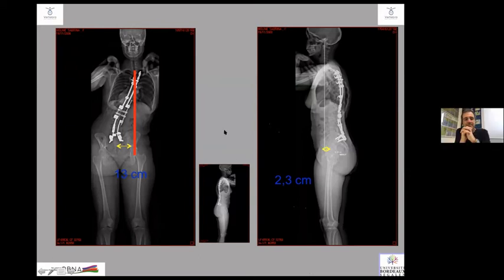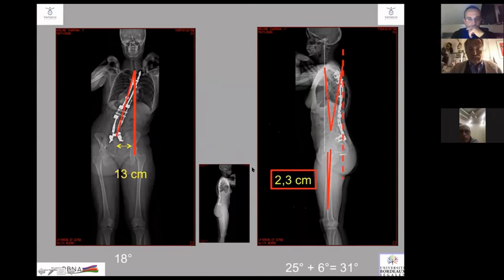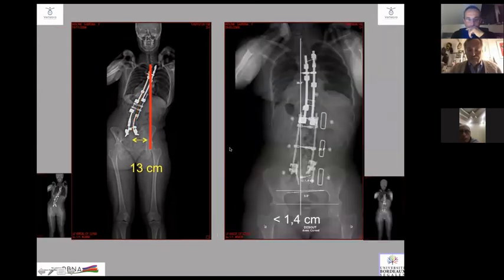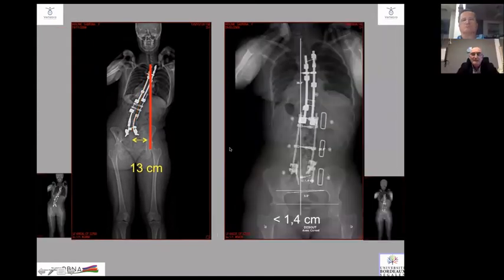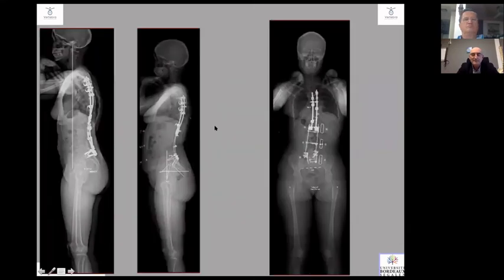So I decided to do an asymmetrical PSO in this case, and we obtained this alignment after. The domino was used on both levels in this case because we wanted to connect with the level above that was already instrumented. And here are the post-op images showing the good correction in AP and lateral.